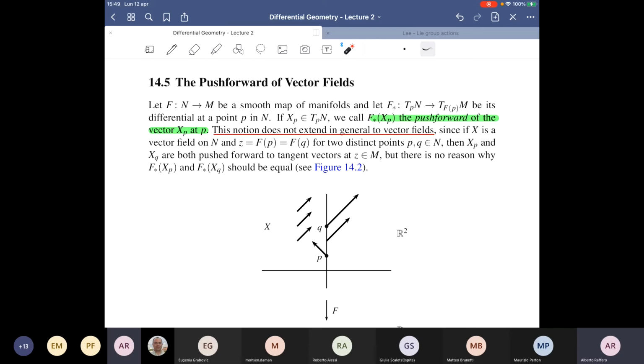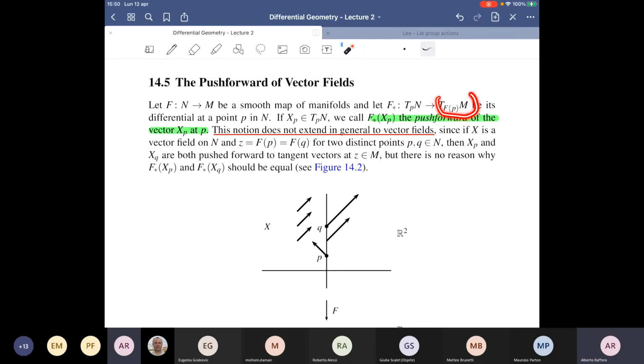As I said before, if you remember from last time, if you start with a smooth map between smooth manifolds, then you can consider its differential at a given point of the manifold, and you will get a linear map between vector spaces, sending a tangent vector at the point P to the first manifold to a tangent vector at the point F(P) to the second manifold. And if you have some vector x in the first tangent space, then you apply the differential and you get what is called the push forward of the vector x at the point P.